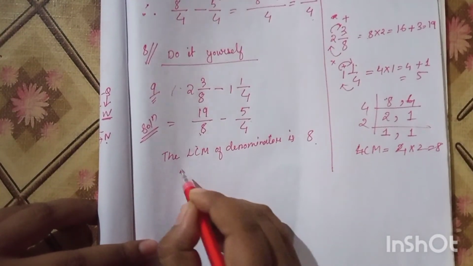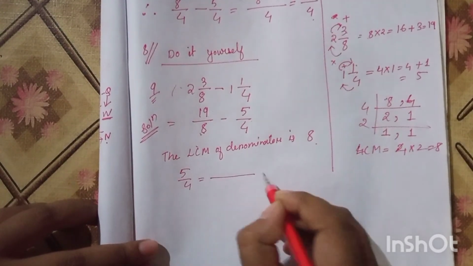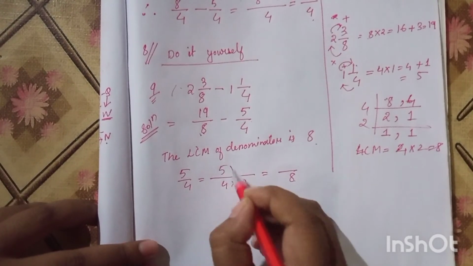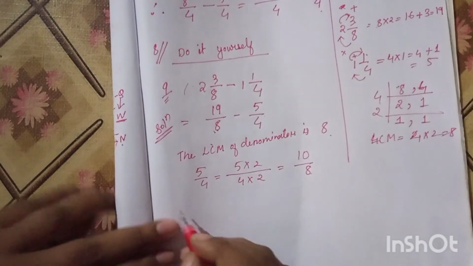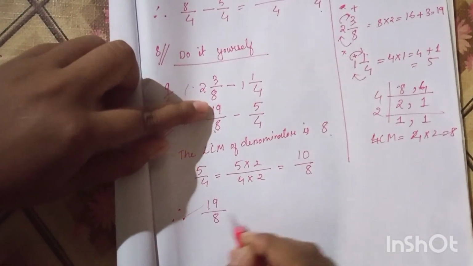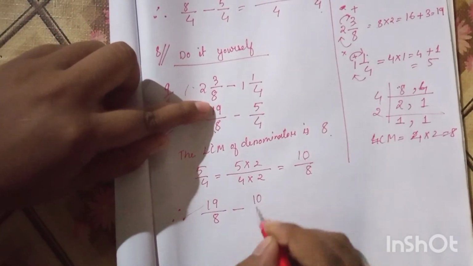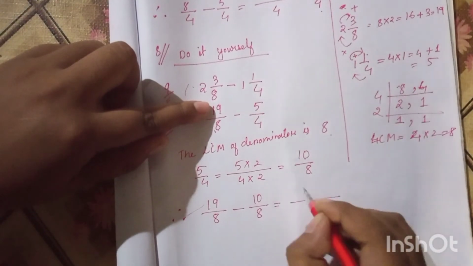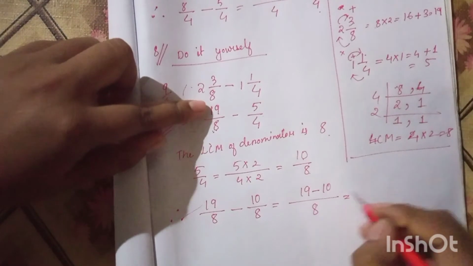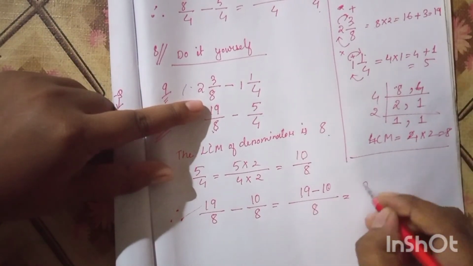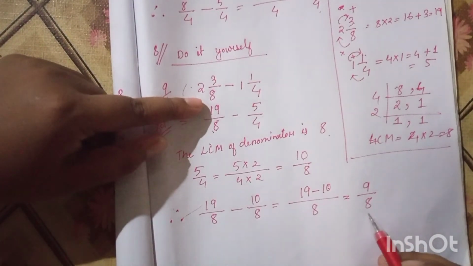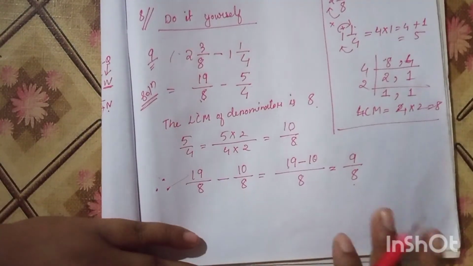So let us convert 5 by 4 with denominator 8. 4 2s are 8, so 5 2s are 10. Therefore 19 by 8 minus 10 by 8 is equal to 19 minus 10 by 8, is equal to 9 by 8. So here 9 and 8 don't have any common factor. So this is the answer.